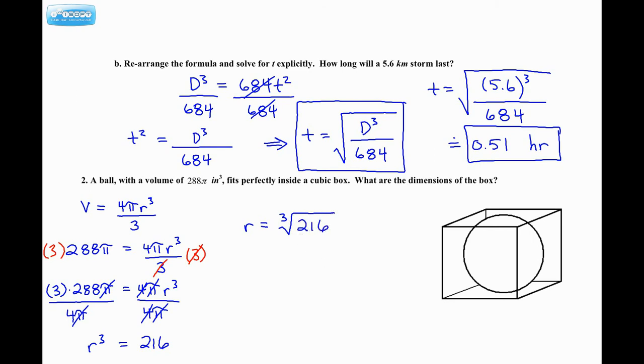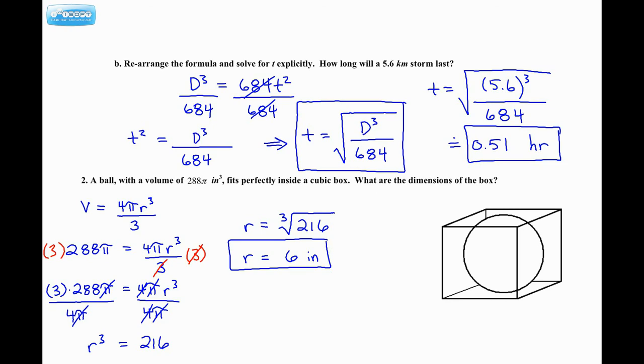And, as it turns out, 216 is a perfect cube. We saw that from the previous video. That is 6, and there were units given, so the radius would be 6 inches, because remember that's a length.